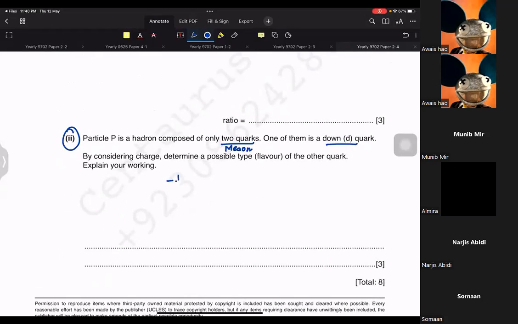Down is already -1/3 e, and you've got to add -2/3 e, so it should give us -1 e. -2/3 is an antiparticle, so you could take anti-up, you could take anti-top, any one of these. Okay, so anti-up and d. So that should be the answer.